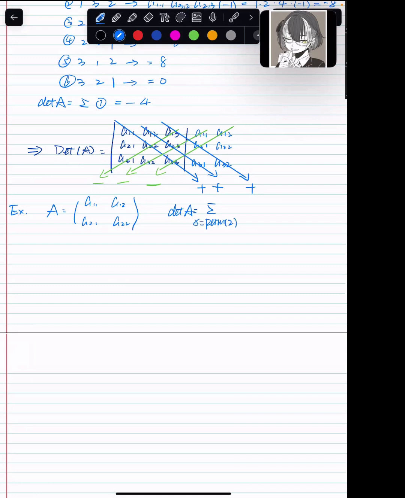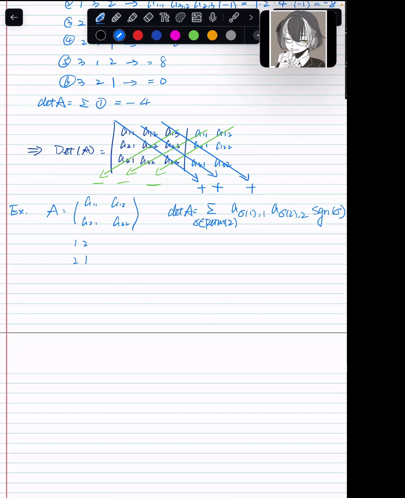So for each permutation in the group, we're doing a sigma 1, 1, a sigma 2, 2, and the sign of sigma. The permutations of 2 are just either 1, 2, or 2, 1.